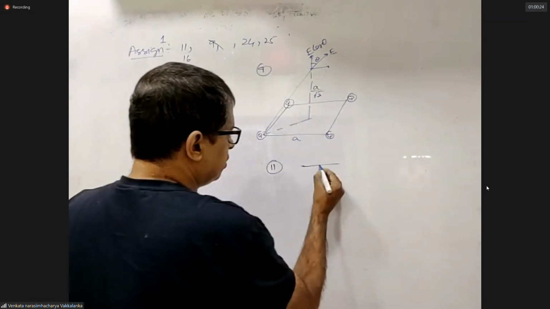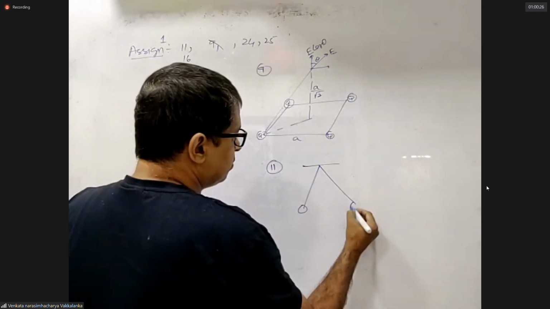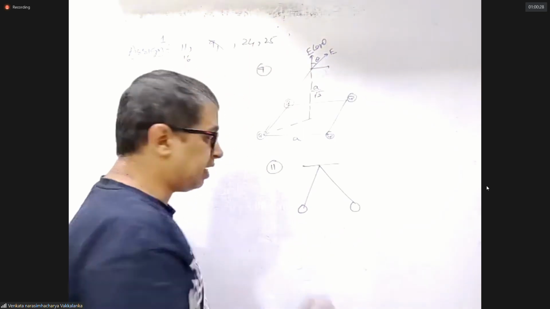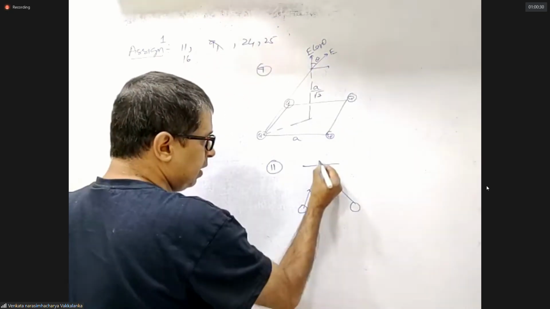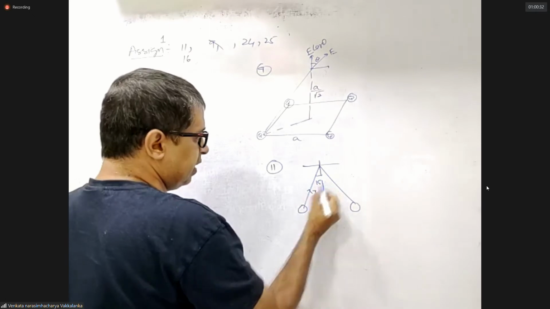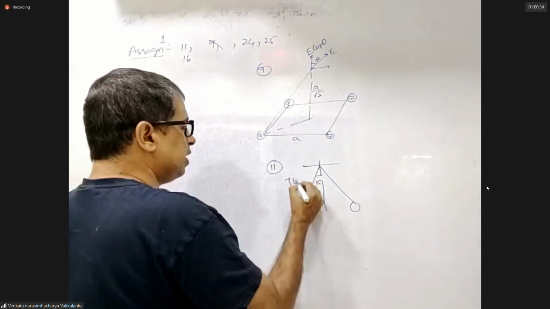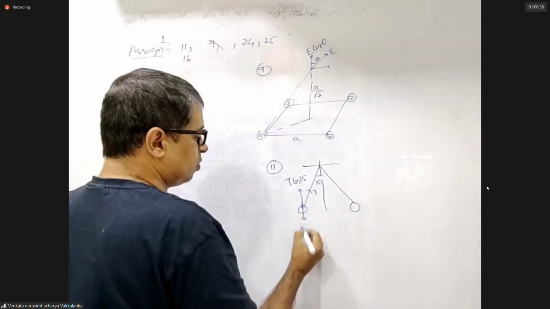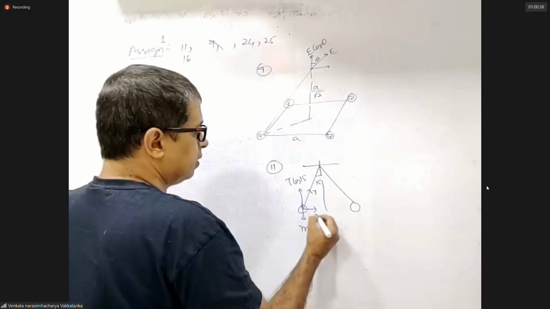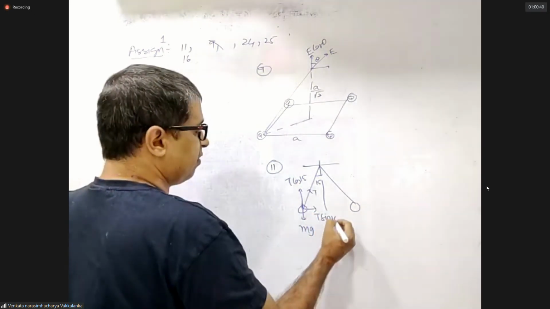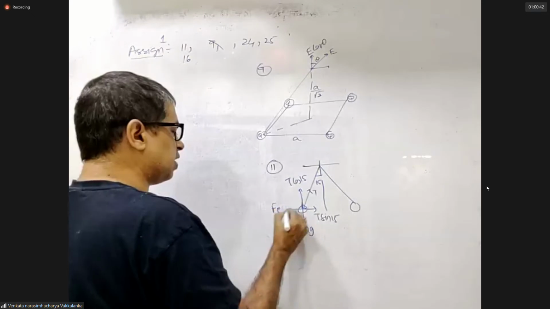The 11th one, it seems the answer given is not matching. This is in equilibrium, this angle is 15 degree. This will be T cos 15 and this will be mg. This will be T sin 15 and this will be electrostatic repulsion.